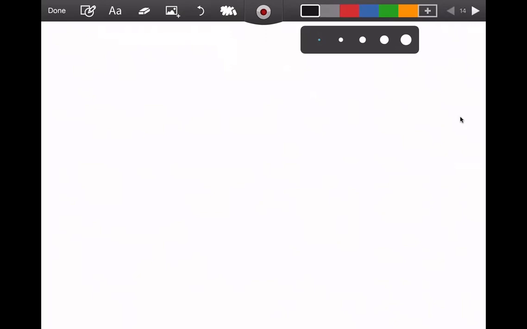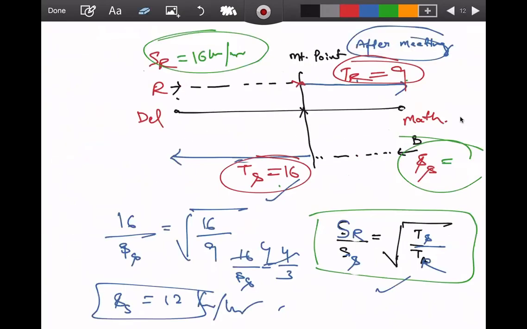So, हाँ, there was a case from Suresh Wale. Can you please explain that once again? So the formula is SA square upon SB square. So after meeting, whenever they finish their journey, so the remaining time is given after meeting. The formula is SA upon SB is equal to root TB upon TA.